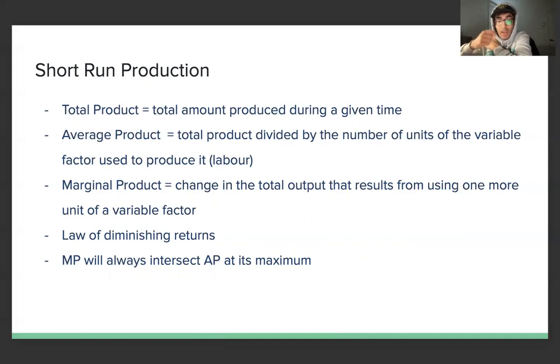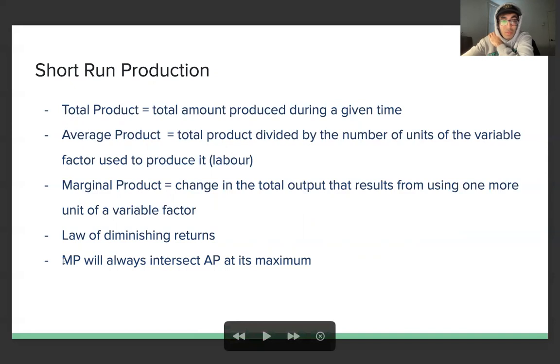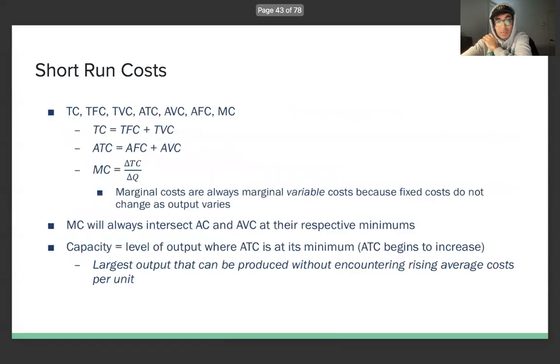If you keep on hiring more and more employees, there would be a point where each additional hire is adding less and less to your total production. So that's the logic. And we'll look at this in the graph as well, that marginal product always intersects the average product curve at average product's maximum level. We'll also look at this in a logical way, which will make it more understandable.